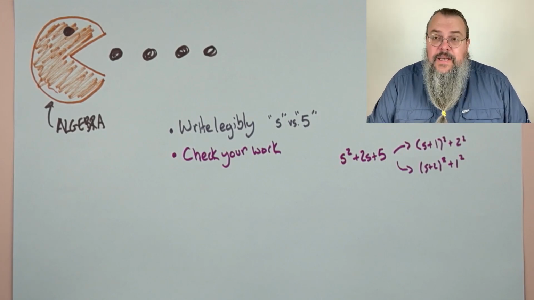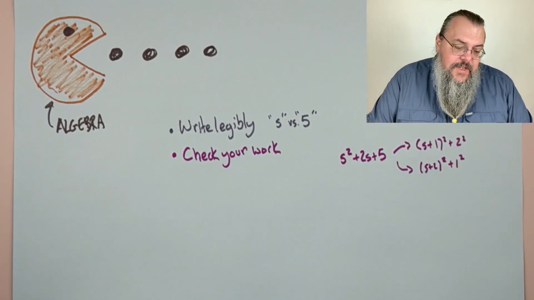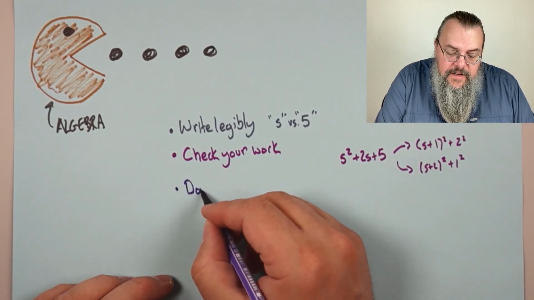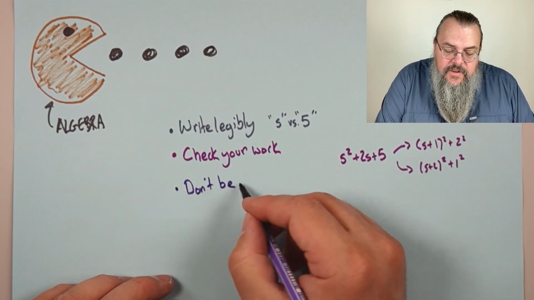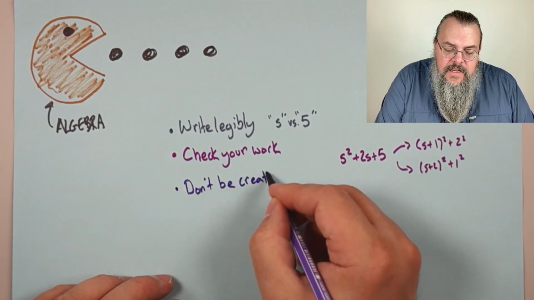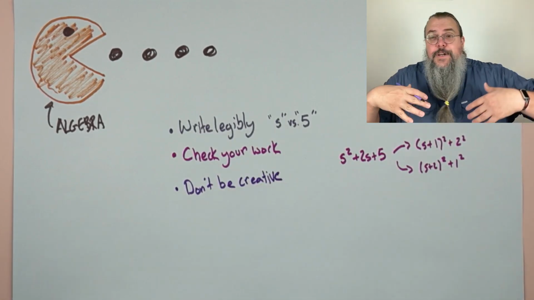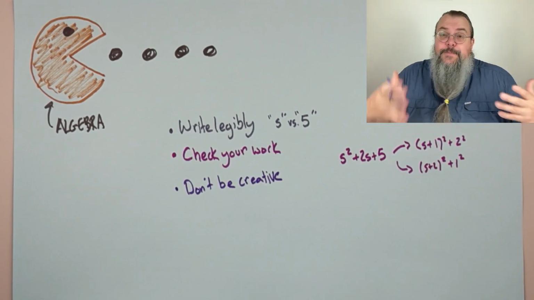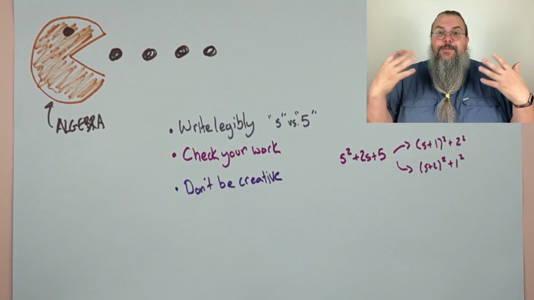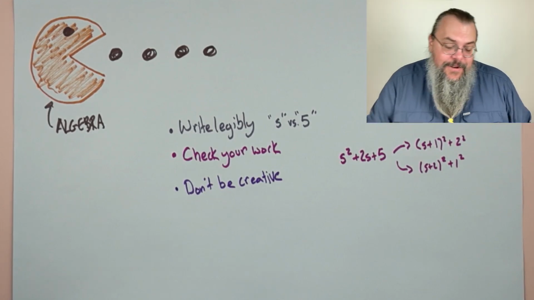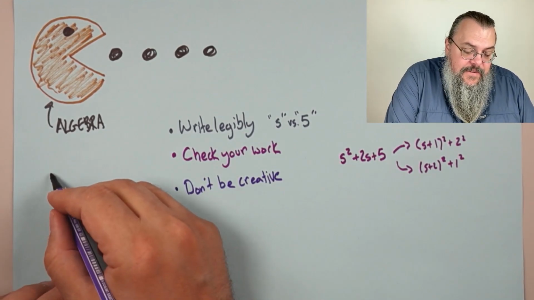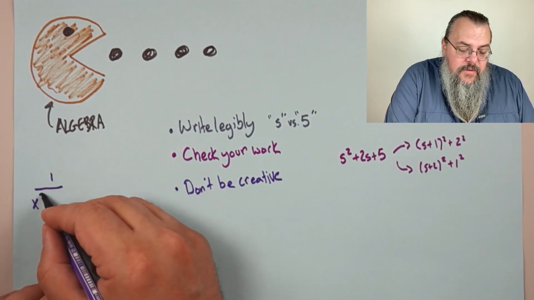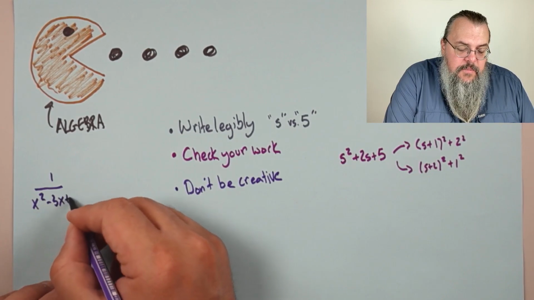So be careful. And while you're being careful, also, please don't be creative. I know it's a test, and you're like, I'm going to make sure I get things right, and I'm stuck. Well, let me start coming up with new ideas. Now, what are examples of being creative? Well, you might say, I have this expression, 1 over, let's say, x squared minus 3x plus 2.